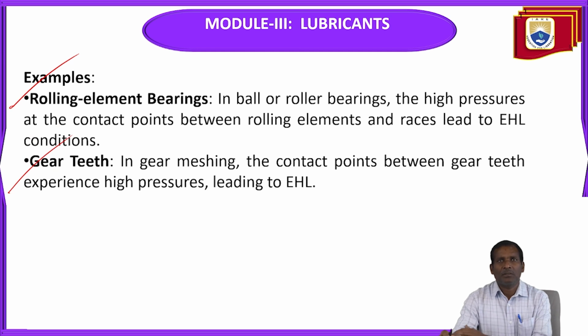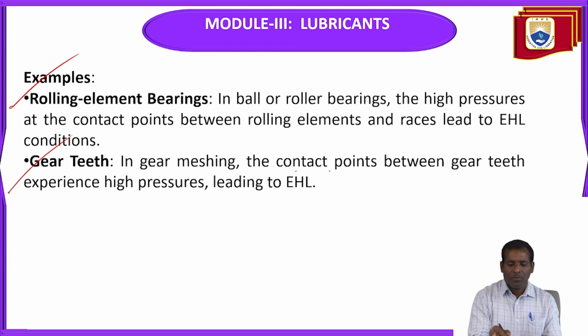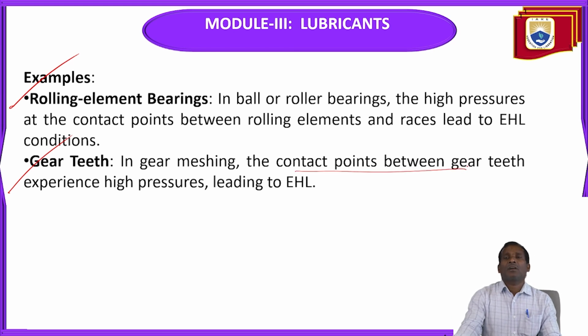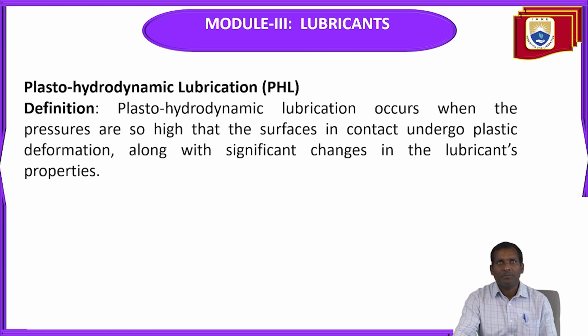For example, rolling element bearings can withstand the high loads and high pressures at the contact points. That's why the races lead to elasto-hydrodynamic lubrication conditions. In gear teeth also, the same property: contact points between gear teeth experience high pressures leading to EHL.